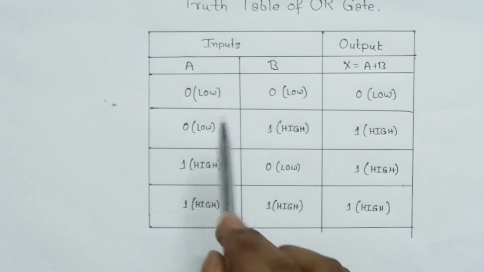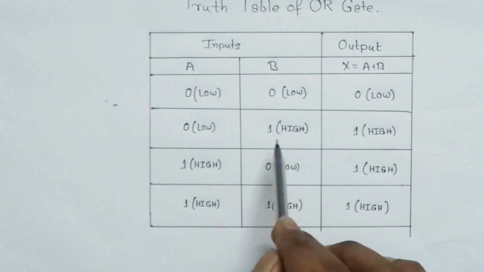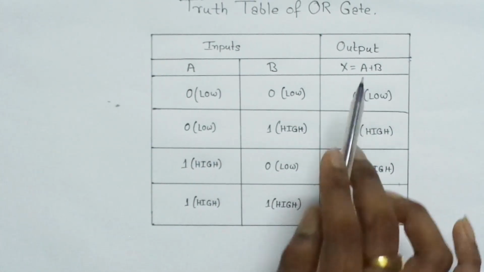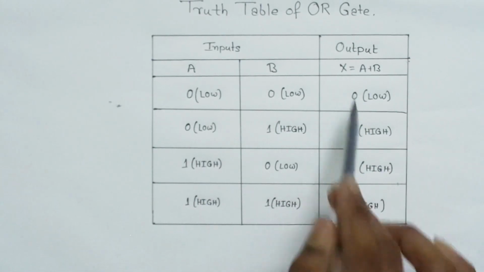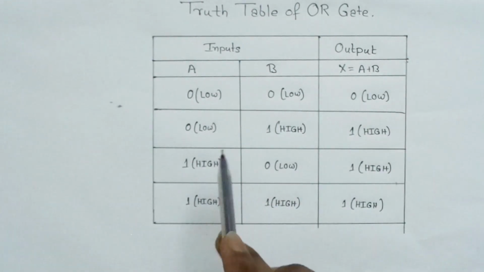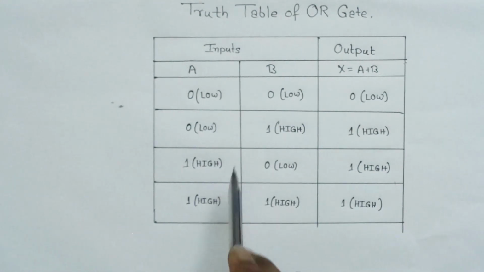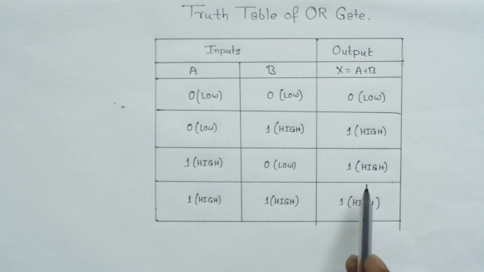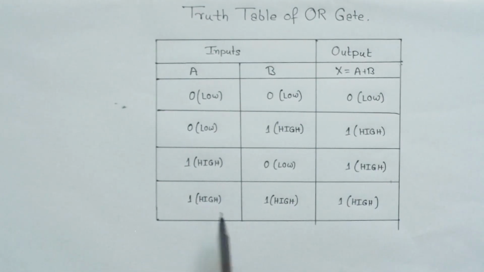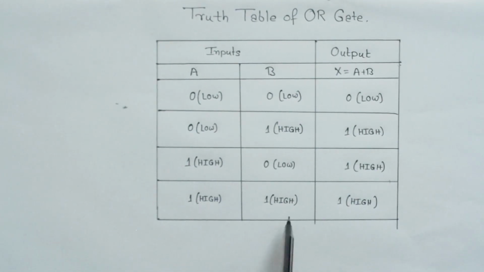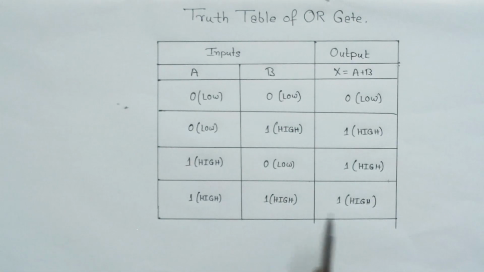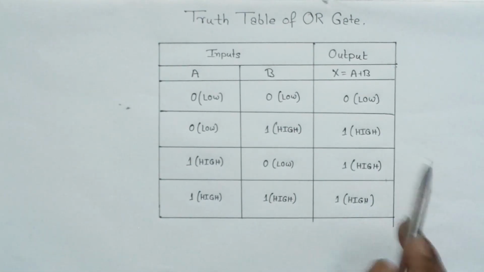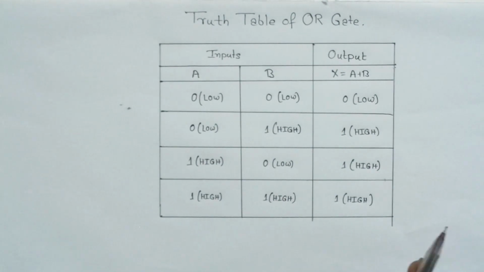Now when A is 0 and B is 1, that is a high input, we get a digital high output at X. Again, when we have a high input at A and a low input at B, we get a high output. And at last, when we have both high inputs at A and B, we also get a high output. So this is the truth table of the OR gate.